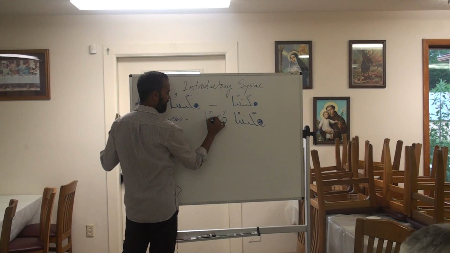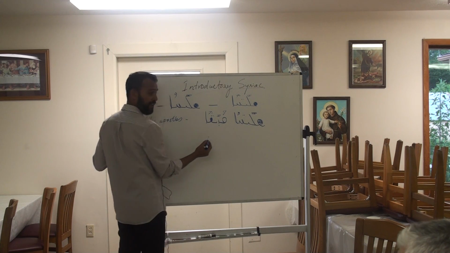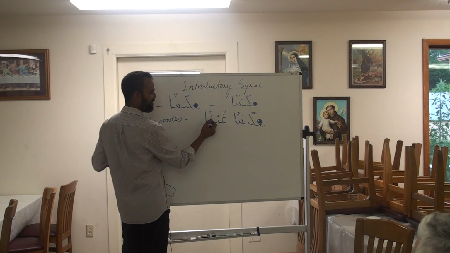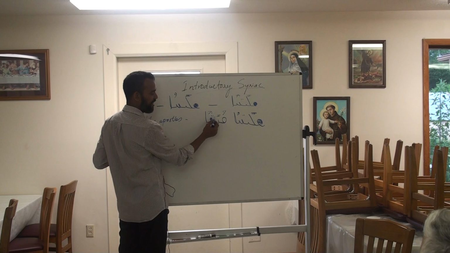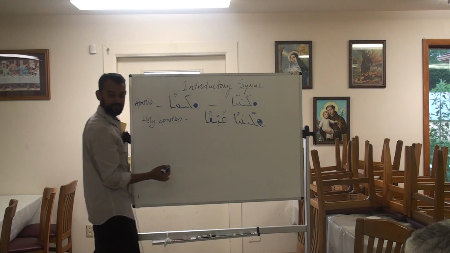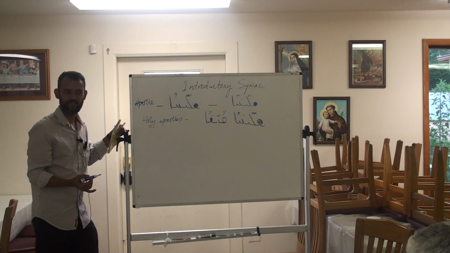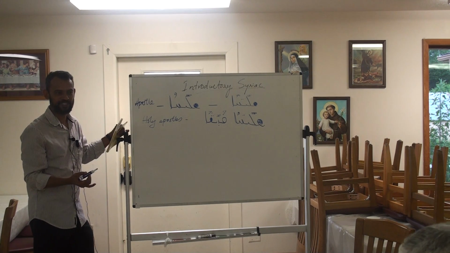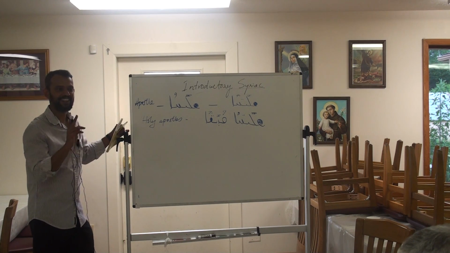The diacritical two dots. Ka, di, she. Never put the diacritical points over dolad. What will happen if you put the diacritical points? It becomes resh.